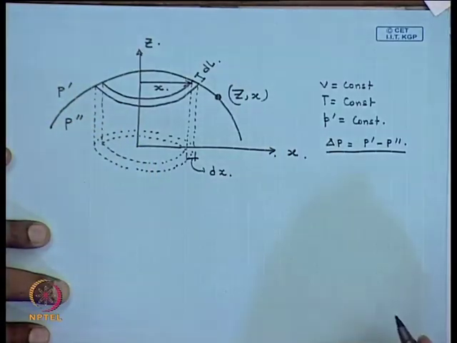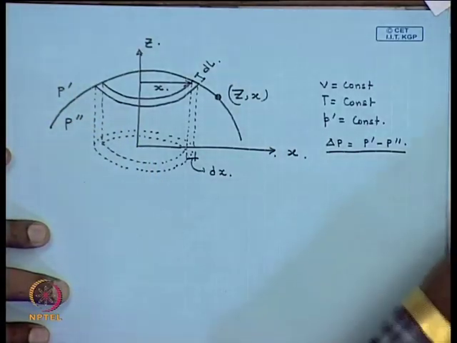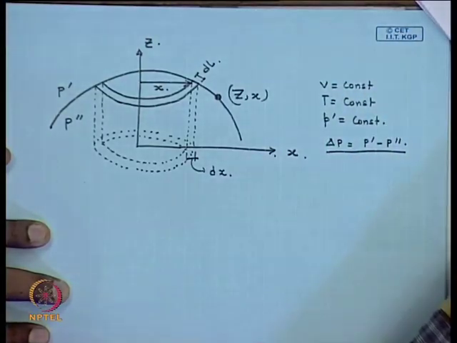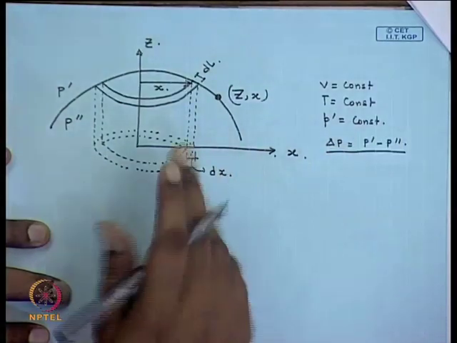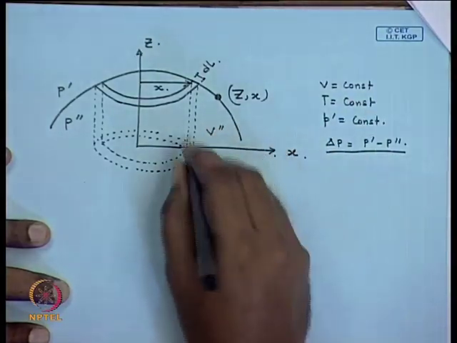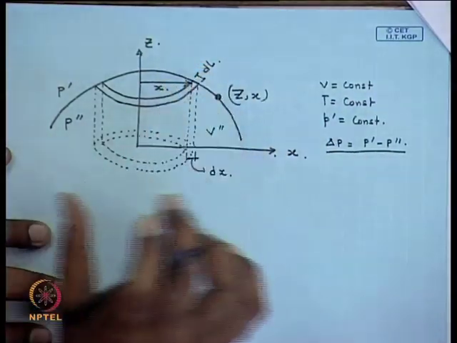Now, what we want to do is look at the variation of the energy as a function of v double dash. Okay. So, v double dash is the volume of this curved object.